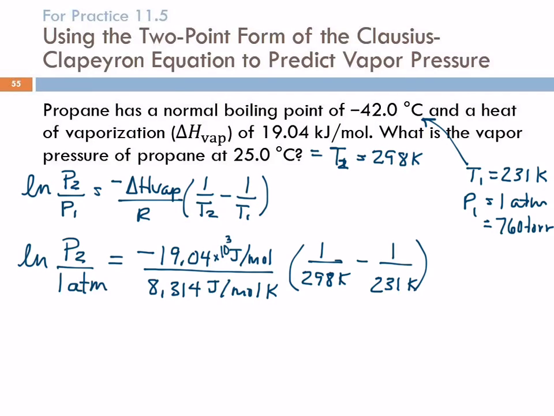And so I'm going to do this messy math on the right side of the equal sign. Negative 19.04 EE3 divided by 8.314 times the quantity 1 over 298 minus 1 over 231, close parentheses, equals 2.229.